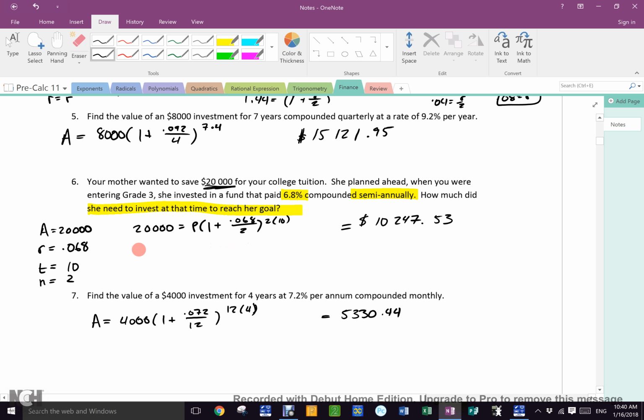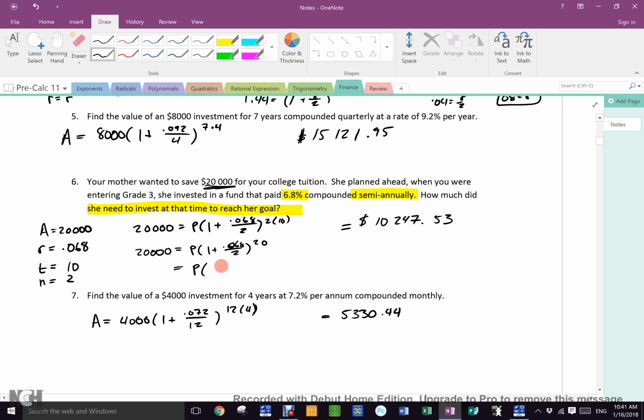So, again, I got 20,000 equals P times 1 plus 0.068 over 2 to the 20th, yes? So, I need P by itself, right? So if I do 1 plus 0.068 divided by 2 to the 20th, I'm going to get P times some number, aren't I? Whatever that number is.